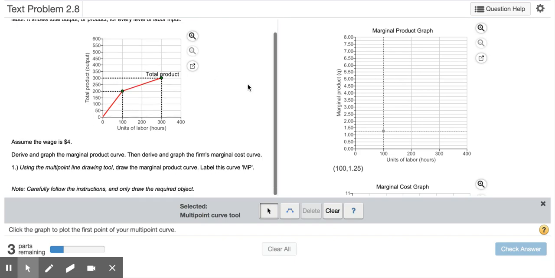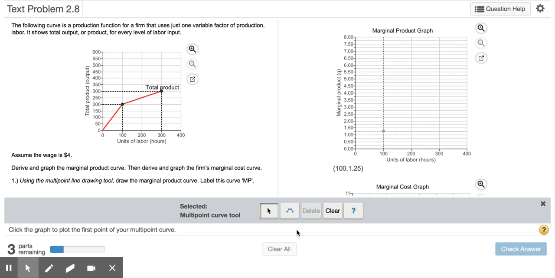To draw the marginal product curve, remember that marginal product, MP, is equal to change in output, Q, over change in input, L. I sometimes use small q for input, but here we have labor, so I will use labor.